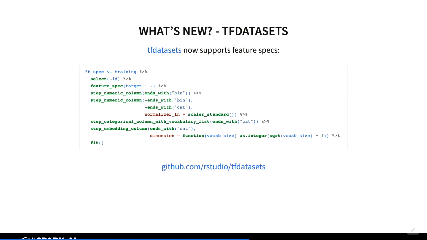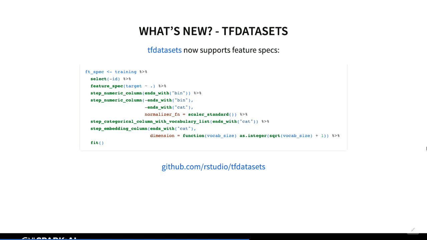So I mentioned what's new. Well, TFDATASETS, we already explained what it is, but here's a concrete example. In this case, we have some data, which is our training data. Then we're deselecting the ID, for whatever reason. But the interesting thing is that at some point you want to convert the columns that might have been categorical variables to numerical values.